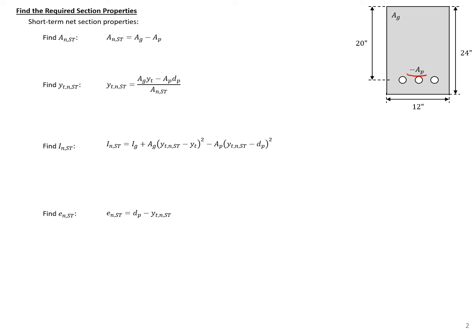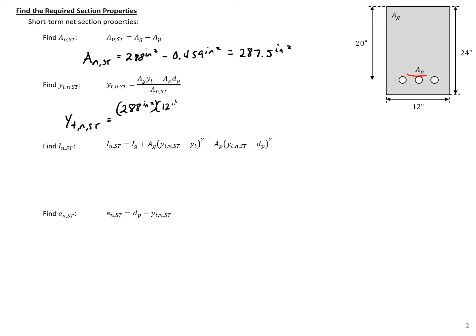So our net area is just our gross area, 288 square inches, minus the area of our pre-stressing, 0.459 square inches. So this will give us 287.5 square inches.